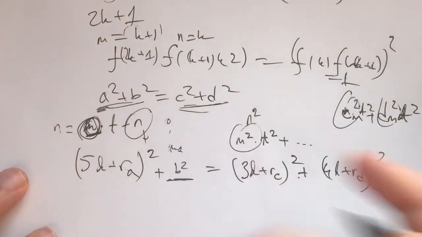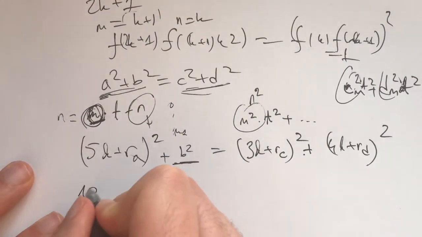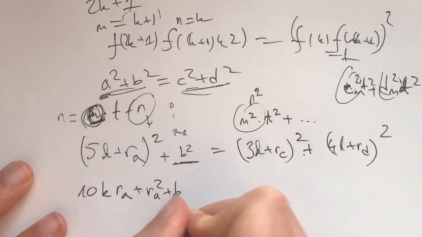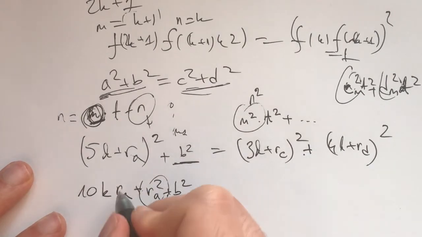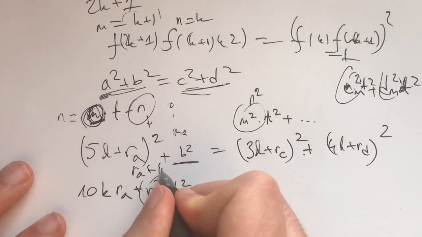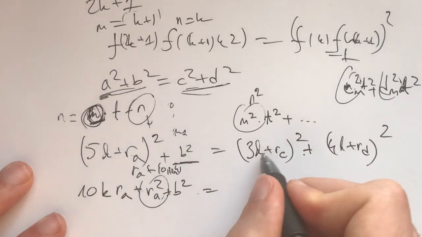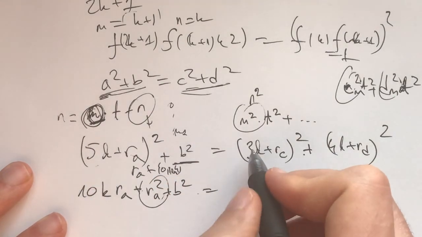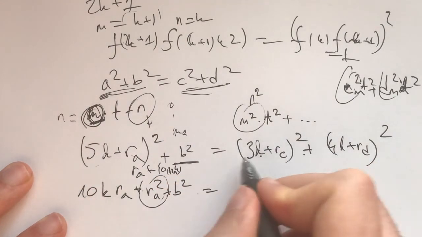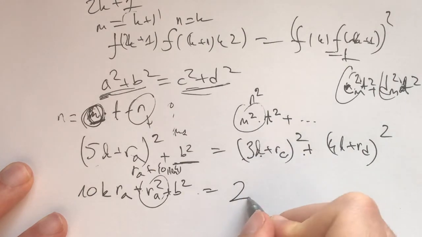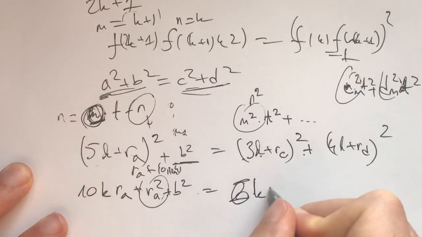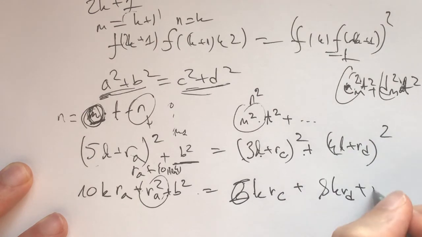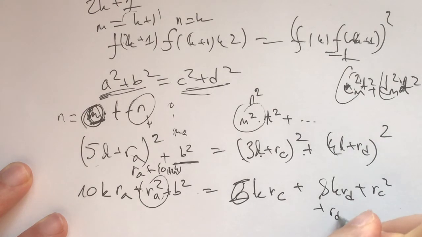And if we go through this, what happens is we have 10k ra plus ra squared plus b squared. ra is going to be an element of 0 to 4. And the 25k squared cancels out. We have 2 times k times 3 times rc, so that's 6k rc plus 8k rd plus rc squared plus rd squared.